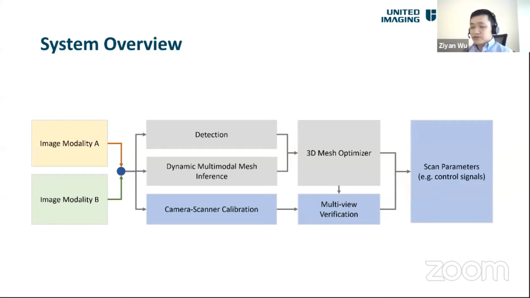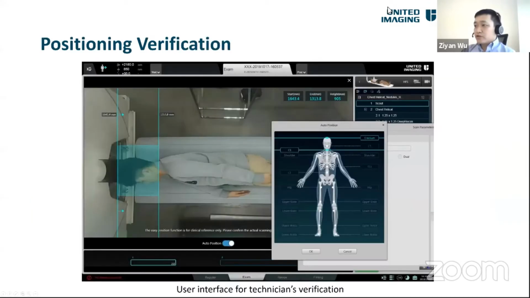And once the technician verifies the automatically generated scan parameters, this information will be converted into control signals to trigger the actual scan. So this way, we have the assurance from the technician, making sure that the scanning parameters generated by the algorithms are correct.